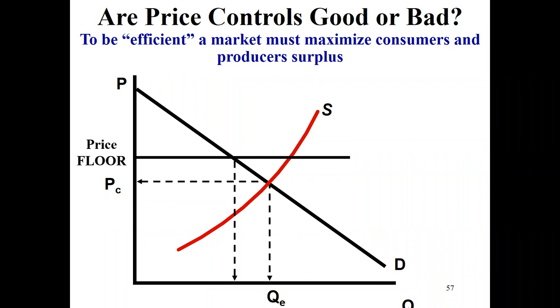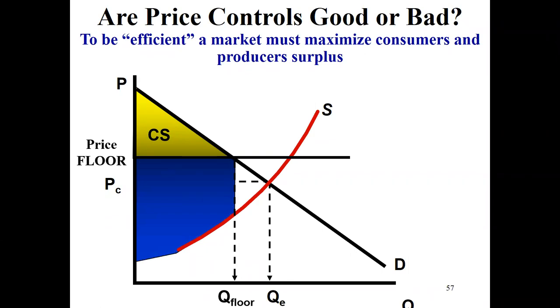Now, where's consumer surplus going to be here? Up here, right? Above the price, below demand. Producer surplus, below the price and above supply. And here's why I like the answer, the whole society doesn't work, because consumers are not benefiting on this price floor.